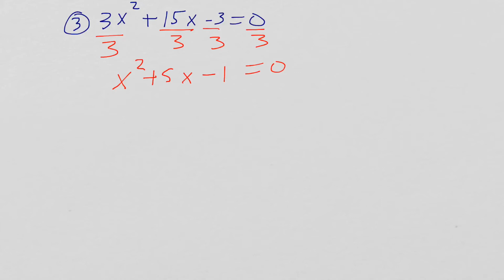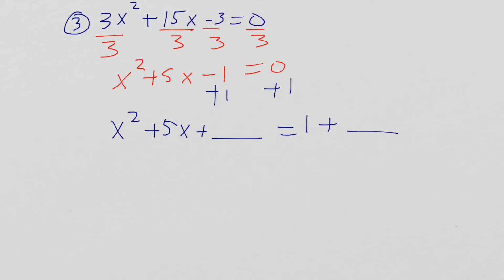So we're going to zero pair out the c. So we're going to do plus 1, and then we're going to go ahead and write our equation. So it's going to be x squared plus 5x plus a line equals 1 plus a line, parentheses squared, and equal.